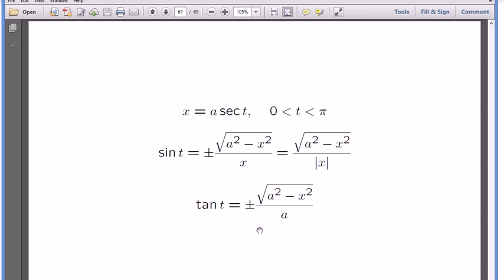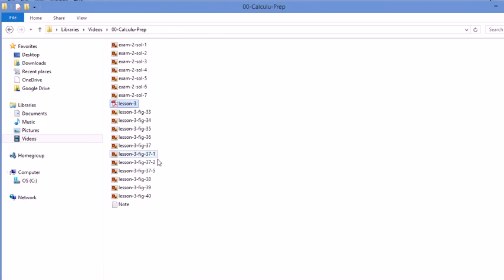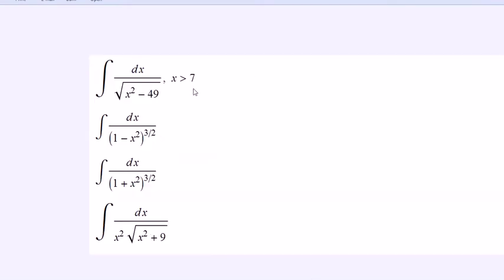So this is the ugly case, secant t. But you will see, one more thing and I'll let you go. In that example, I think here, you will see that guy, x greater than 7. So you know you're choosing positive tangent t, right? If there's x less than 7, when you choose a tangent t, you choose a negative square root version.